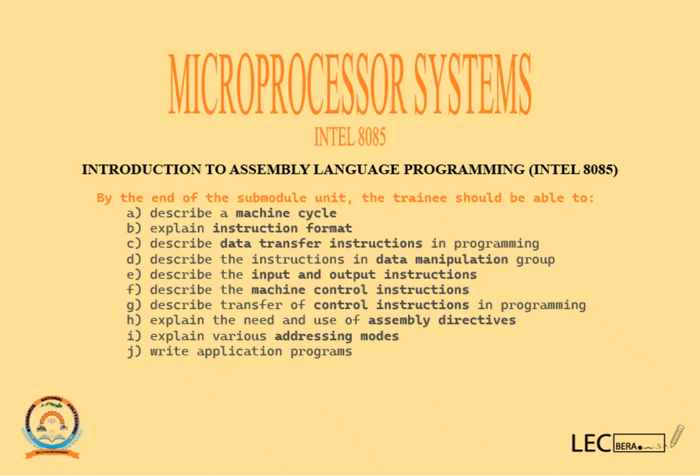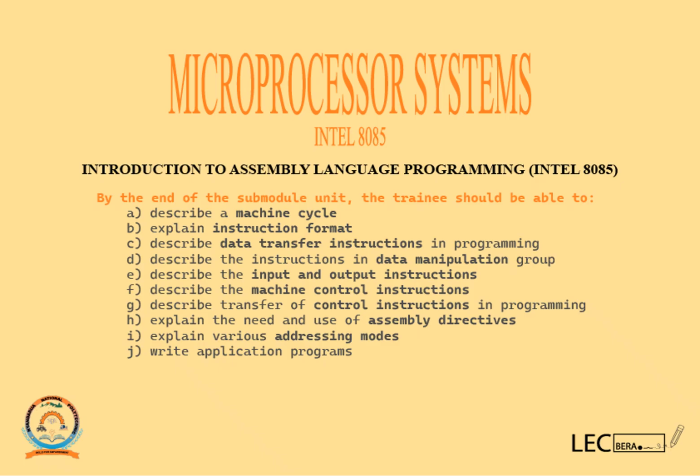So at the end of this session, we are supposed to be able to tackle the following objectives. First of all, you are supposed to describe what is a machine cycle. You are supposed to explain an instruction format. You are supposed to describe data transfer instruction in programming. You are supposed to describe the instructions in the data manipulation group.